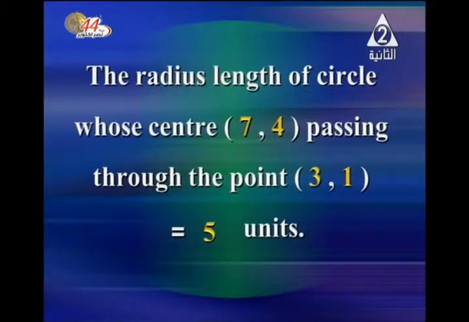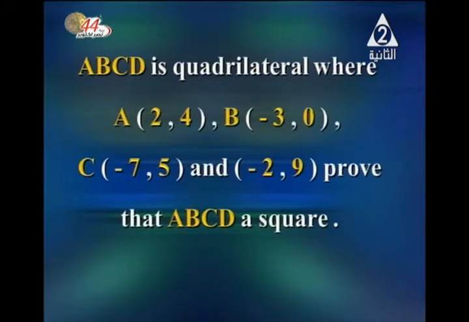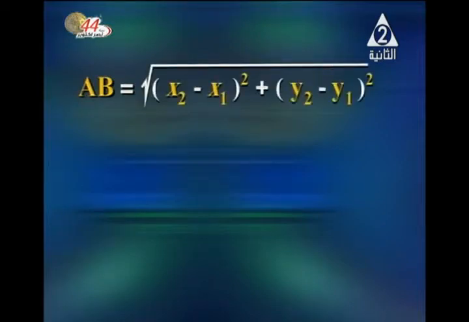Let us have another example. ABCD is a quadrilateral where A is (2, 4), B is (negative 3, 0), C is (negative 7, 5), and D is (negative 2, 9). Prove that ABCD is a square. First of all, we are going to find the length of AB, or the distance between A and B. It is square root of (x2 minus x1) all to the power of 2 plus (y2 minus y1) all to the power of 2.